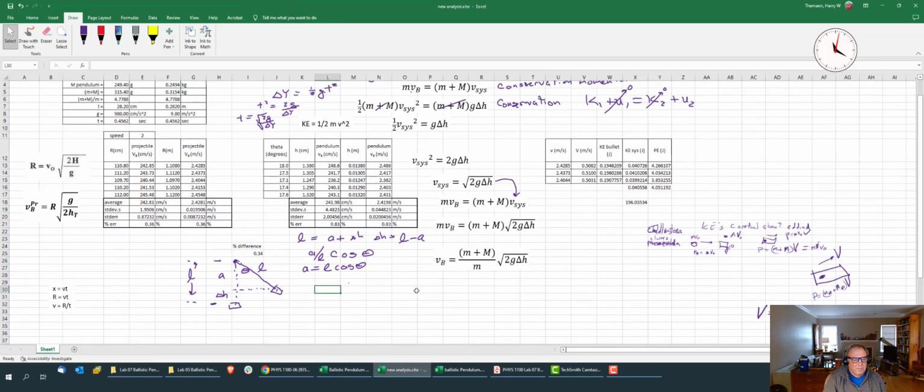Okay, so at the end of the day, delta H equals L minus A equals L minus L cosine theta, which we can conveniently write as L times 1 minus cosine of theta.